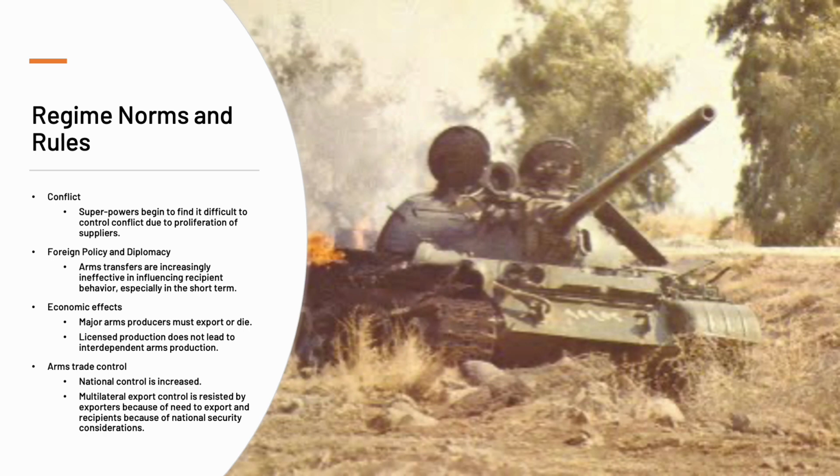They're becoming more expensive to research and develop and produce. And because of that, they have to export arms because arms are becoming so expensive that only a few states can actually afford to fully fund the research and development of a technologically advanced system. That's why you're seeing this rise in co-production and multinational production, because it's becoming so expensive.